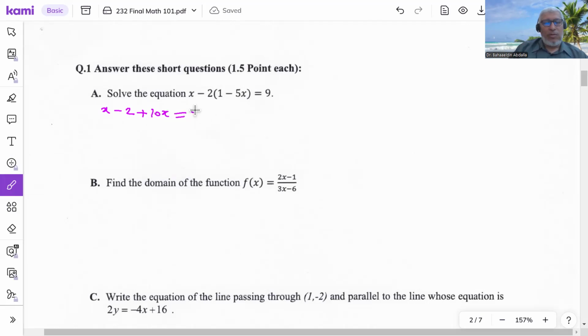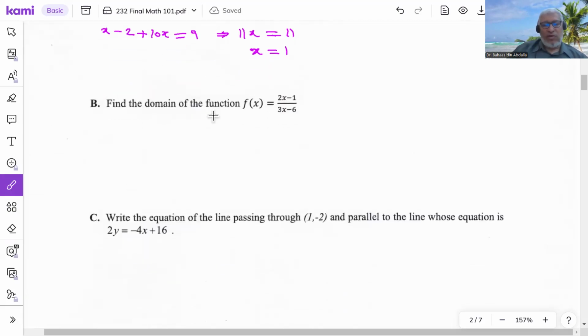Equals 9. And then I can add x with 10x. This would be 11x. And I can take -2 to the other side. So it would be 9 plus 2. That's 11. And now I can divide both sides by 11. And x would be equal to 1.